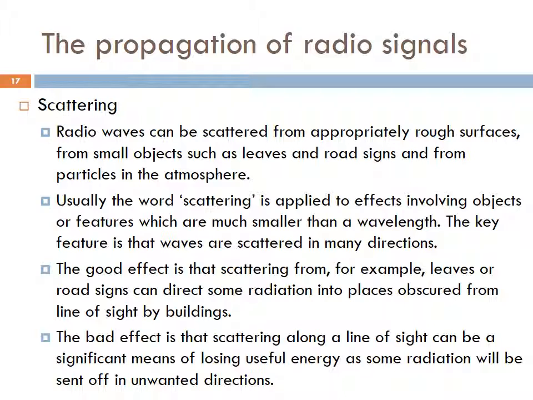In just the same way, radio waves can be scattered from appropriately rough surfaces, from small objects such as leaves and road signs, and from particles in the atmosphere. Usually the word scattering is applied to the effect involving objects or features which are smaller than a wavelength. The key feature is that waves are scattered in many directions.